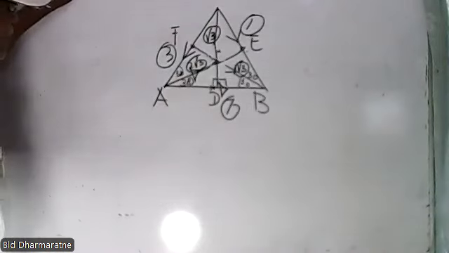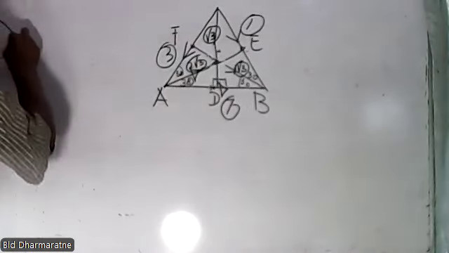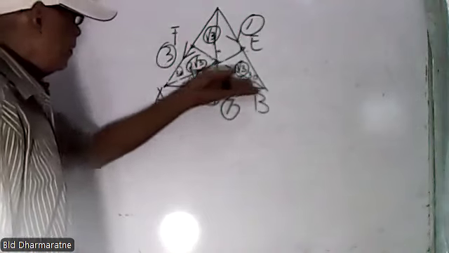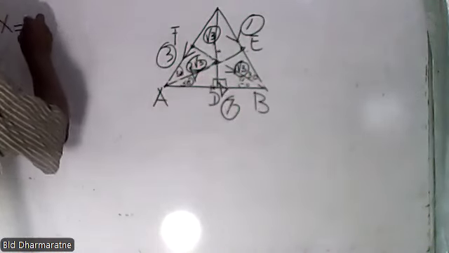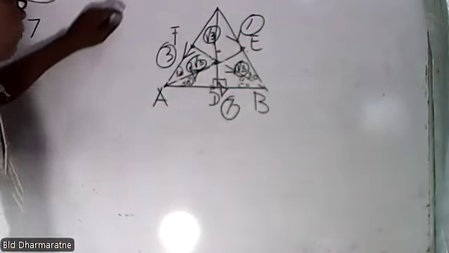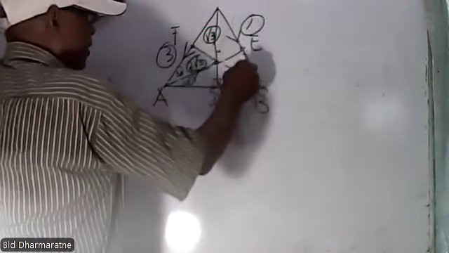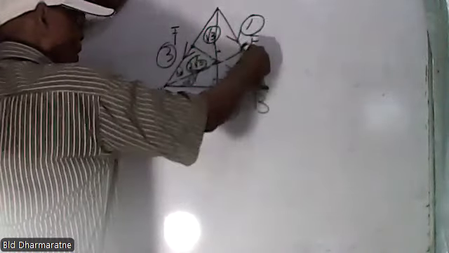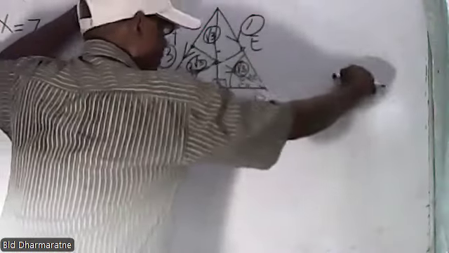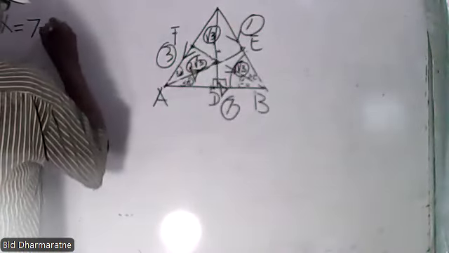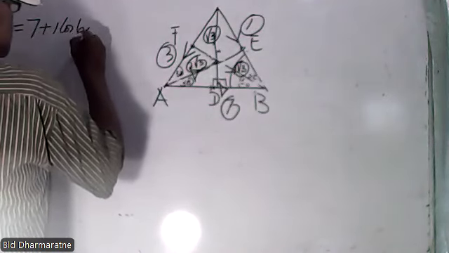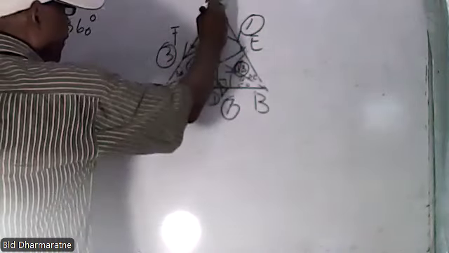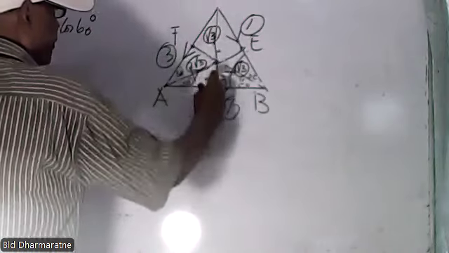Right? In geometry. Now resolve the forces. X-axis direction, x equals 7, directly coming 7. Then the inclined forces. This one is 1 cos 60, positive in the direction of the arrow, plus 1 cos 60, plus 1 cos 60. The vertical one is neglected.